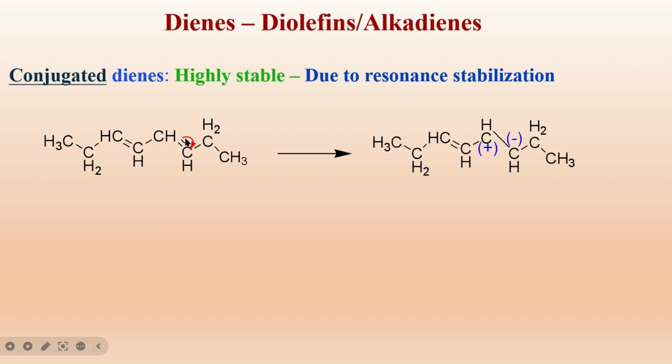As these electrons moved towards the first carbon, the carbon from where they moved has lost them, which is why it becomes electron deficient. To satisfy the electron deficiency of the adjacent carbon, pi electrons from the adjacent carbon move towards this carbon. The pi electrons shift from this position to the adjacent position.